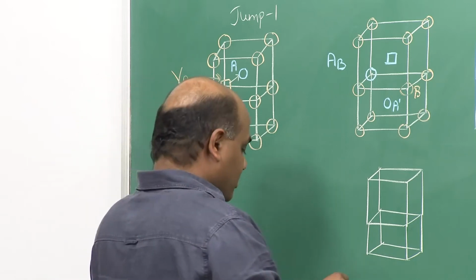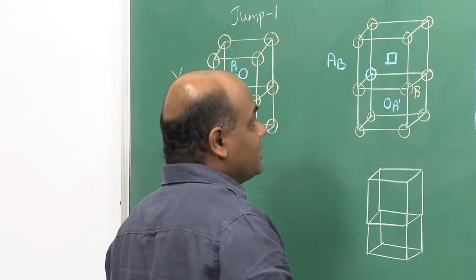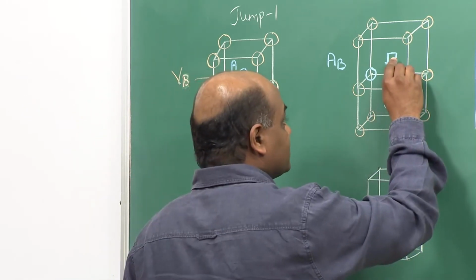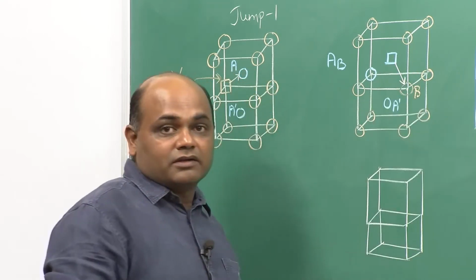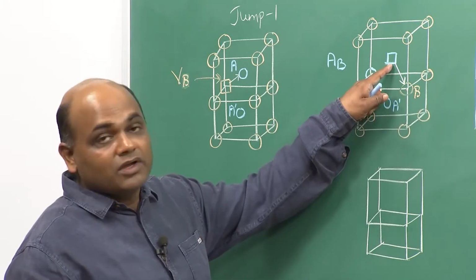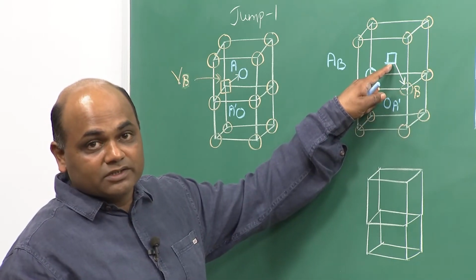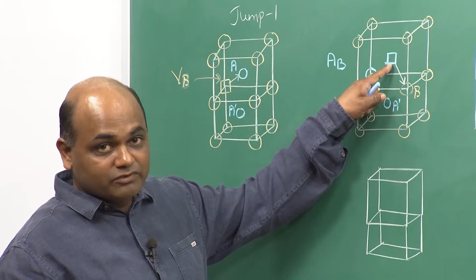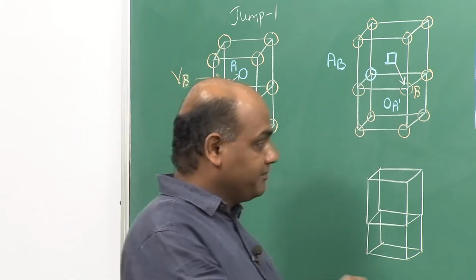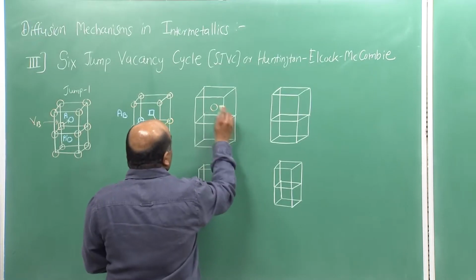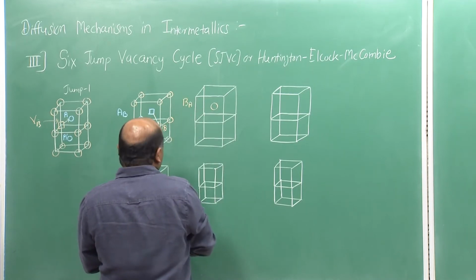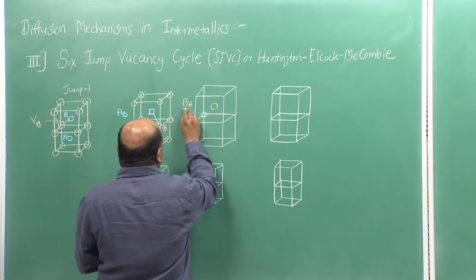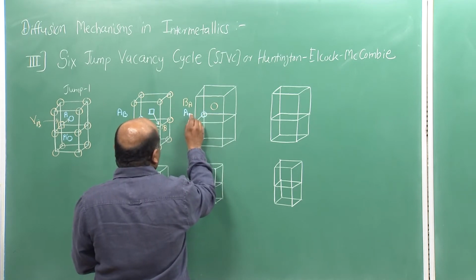The next jump of the vacancy will obviously be onto a B sublattice. So, let us say it exchanges with this atom B. As B now jumps onto A sublattice, one more anti-site is formed, which is B on A. So, we have B on A and there is A on B which was formed after the previous jump.